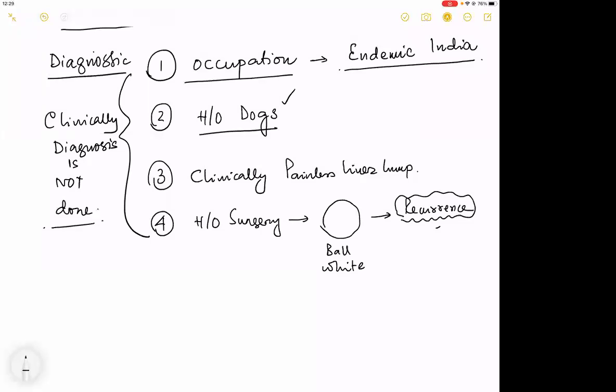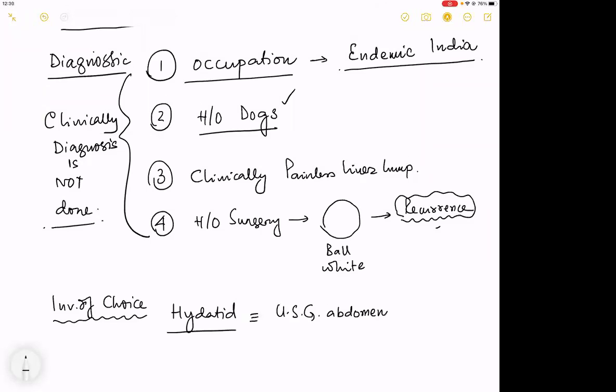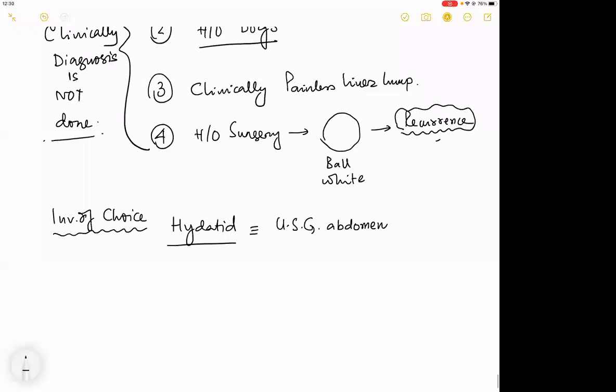What is the investigation of choice to diagnose a hydatid? USG. It is an ultrasound abdomen. What are the ultrasound findings?